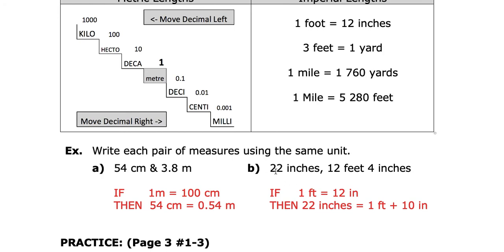But I know that 12, 24, I know that it's less than 2 feet, so what I can do is subtract 12 inches from this amount, and that will tell me the remaining number of inches that I need to get to our total. So 12 plus 10 is equal to 22, and we've successfully converted. Remember that you can always check your answer at the end by undoing this operation, converting feet to inches, adding them all together, and it should work out.